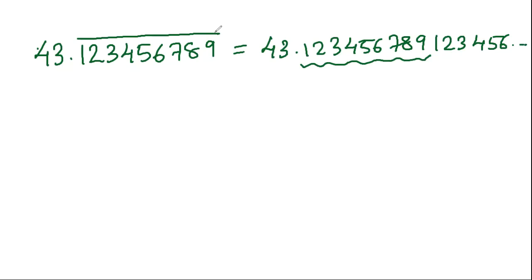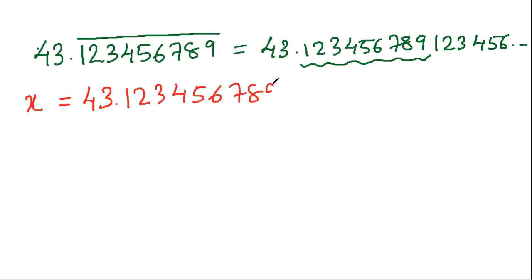Let's take this value as x. In order to find the p by q form of this value, we take this value as x. X is equal to 43.12345678912345678 and so on.